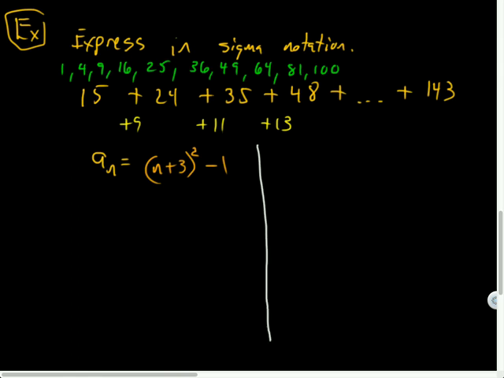To write this in terms of sigma, man, my sigmas are getting uglier over time. So we're going to start with n equals 1, and we're using this pattern. How do we figure that out? Because 143 is 1 less than 12 squared, and we're adding 3 to each n.